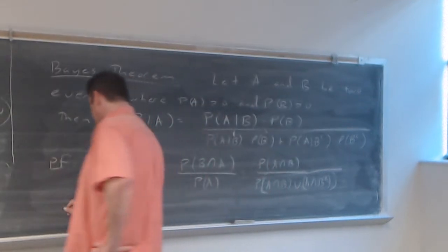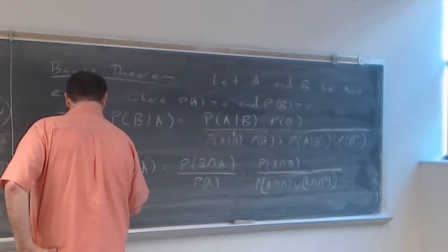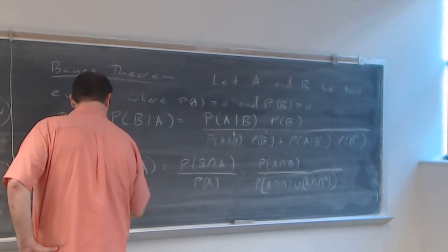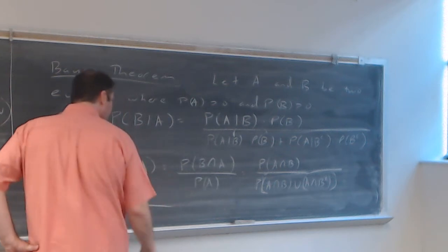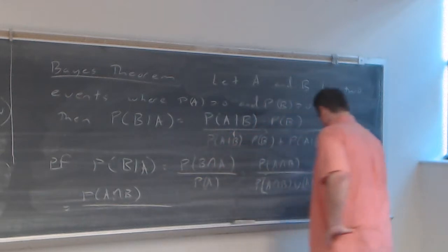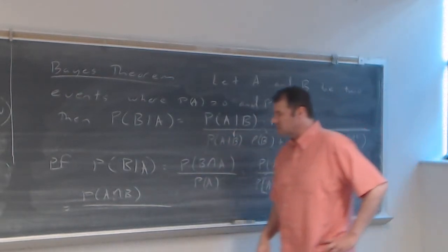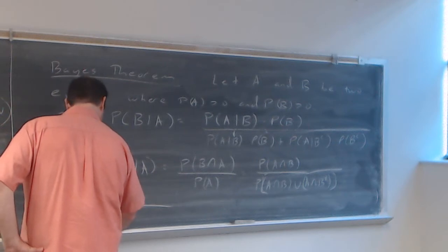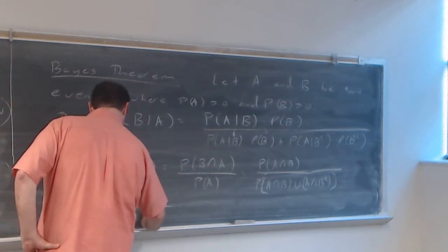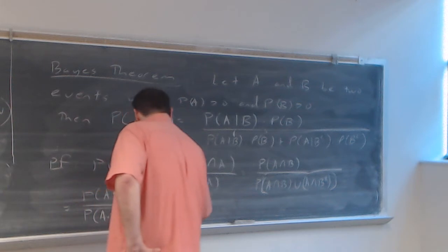So this is the probability of A intersect B, which is what I'll leave it as for right now, over the probability of a union of two mutually exclusive events, which is the probability of the first guy plus the probability of the second guy.